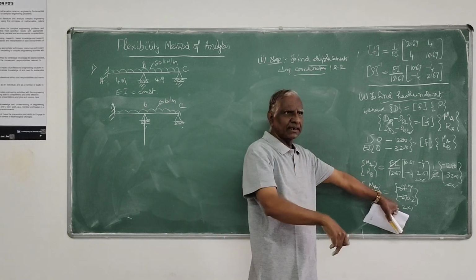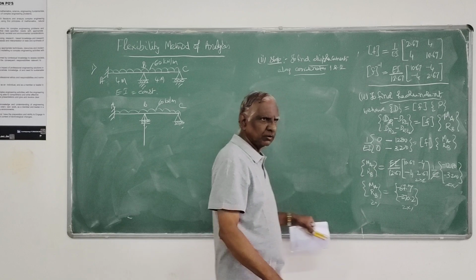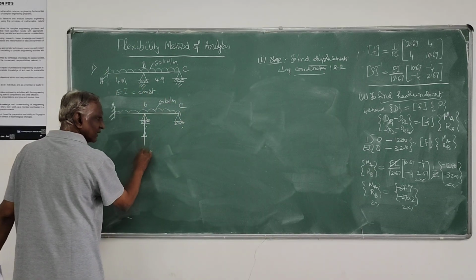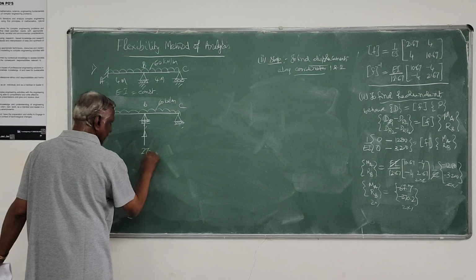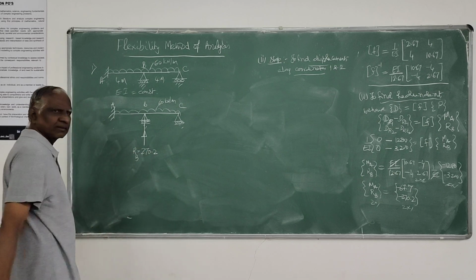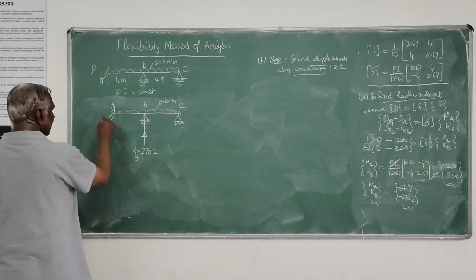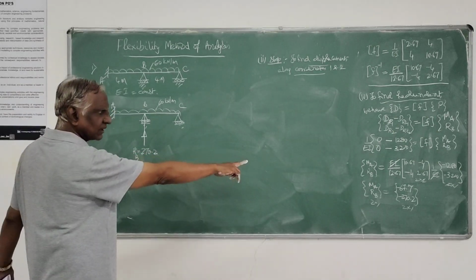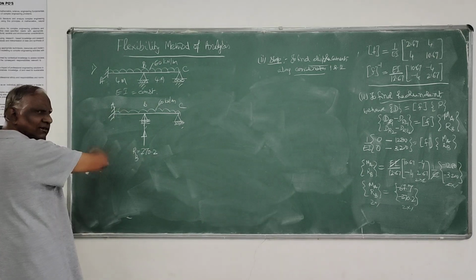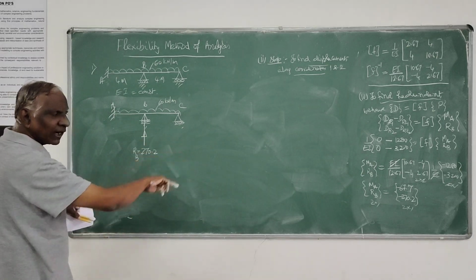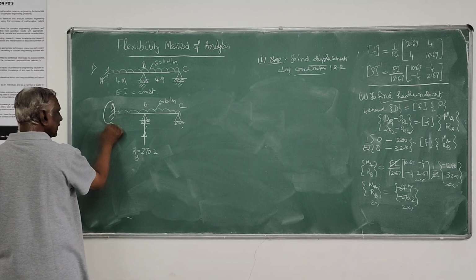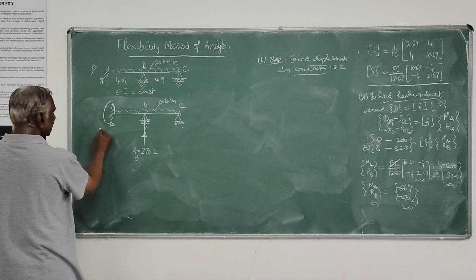Earlier I selected the coordinate as acting down, now I will reverse that direction. So it is 270.2, this is my RB which I have found out, and MA is 67.7. Earlier I took the direction of the coordinate as clockwise, now I have to reverse its sign, so the moment here will be in this direction.